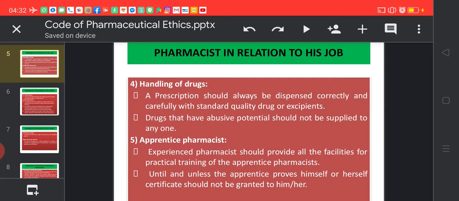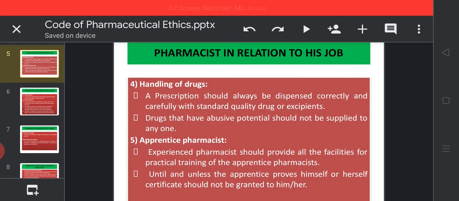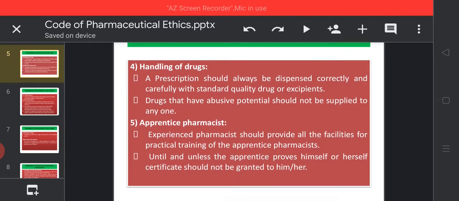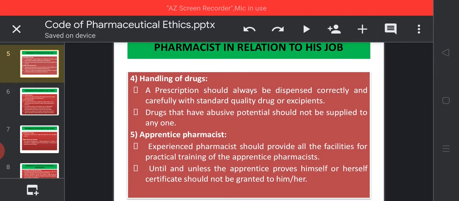अप्रेंटिस फार्मासिस्ट लास्ट ऑब्जेक्टिव्स. Experienced pharmacists should provide all the facilities for practical training of the apprentice pharmacist.